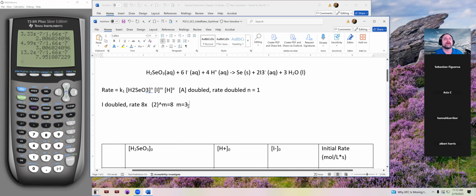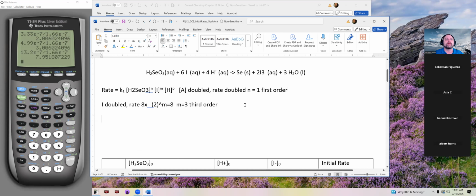And so that gives me m. I've got n is 1. And this depends. Notice it's not 6 times, but it does triple, or third order, I guess is what we would say. So this one would be third order. This one was first order.